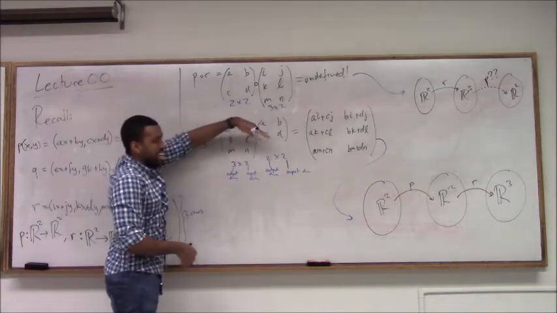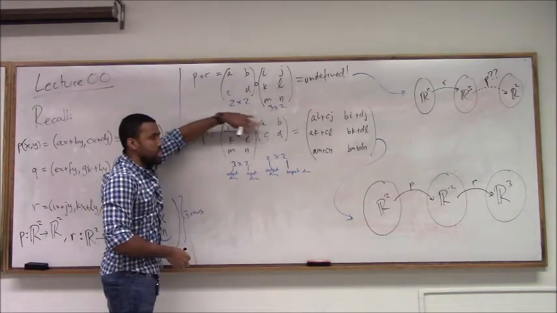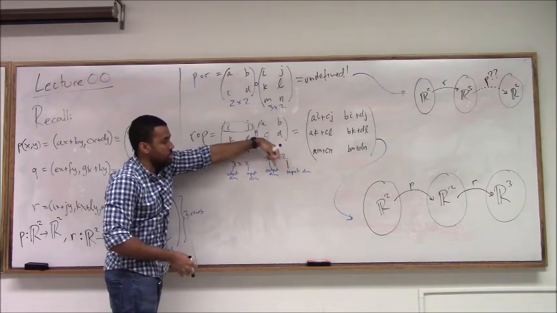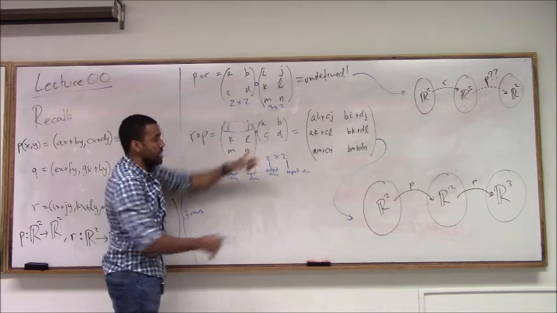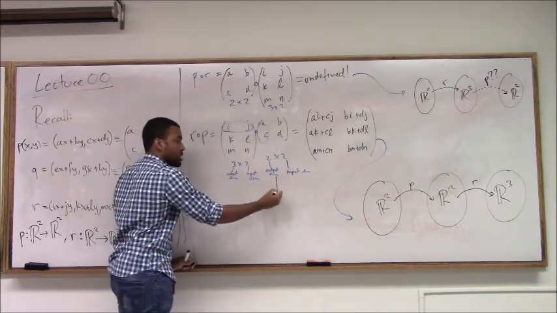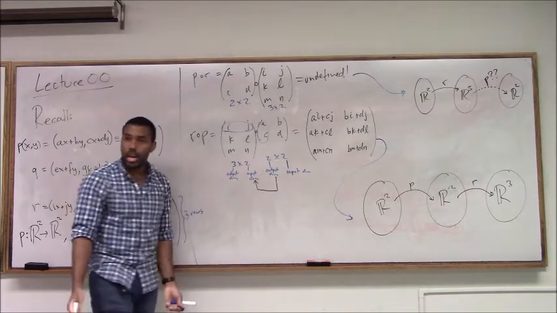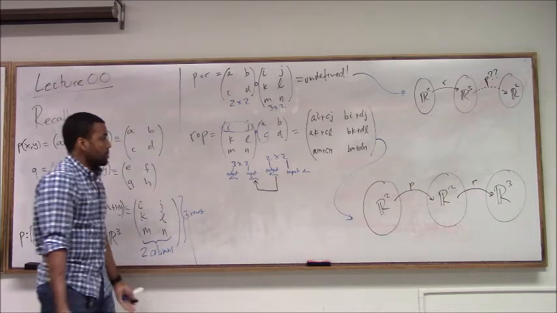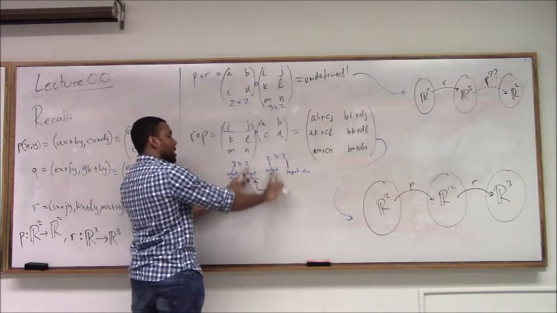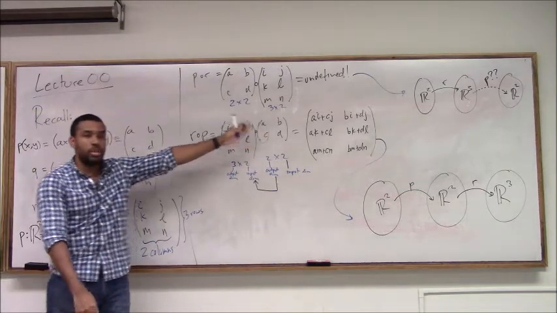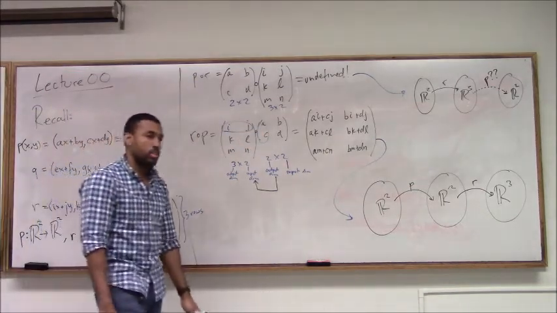So clearly we come up with a rule for when this kind of operation would be defined. Here's a function that takes it from this input dimension to that output dimension, and clearly for this function to plug into that function, the output dimension of this must be the same as the input dimension of that. Otherwise, I can't plug the function in, right? So these two numbers have to be the same in order for this operation to be defined. The output of this must be the same as the input of that in terms of dimensions.